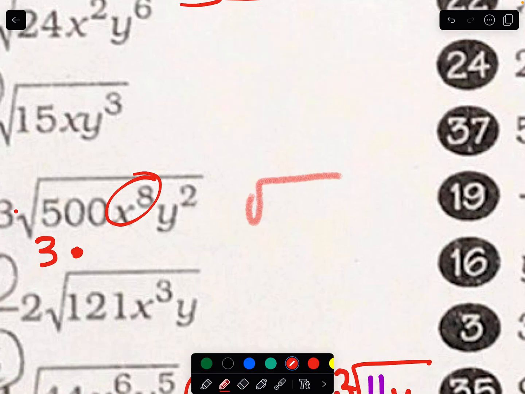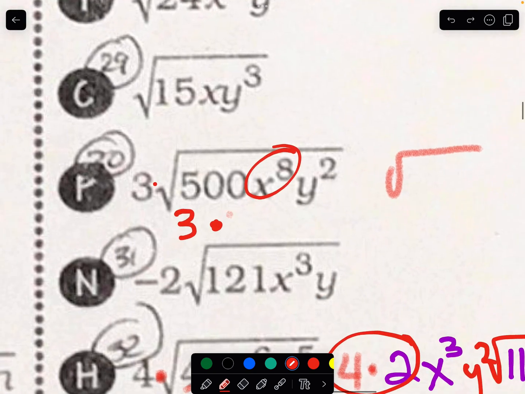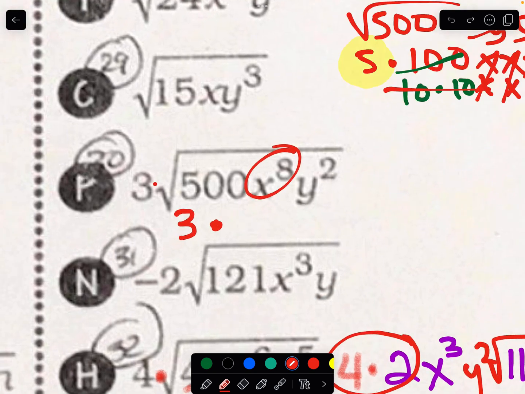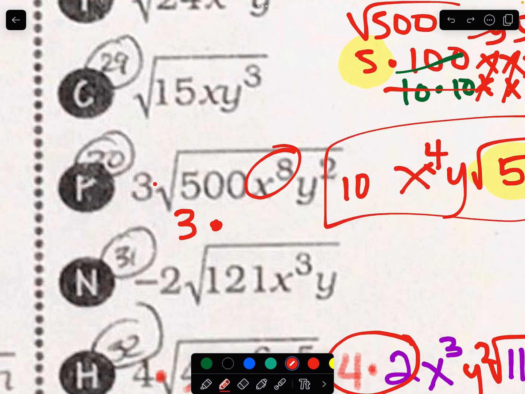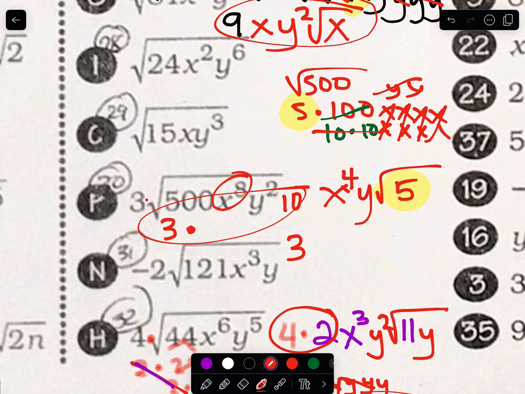And then the square root, this last one. Oh, I forgot to times 3. Uh-oh, let's see, go back. Forgot to times 3 here. Times 3, which makes it 30. 30, x to the 4th, y square root of 5.